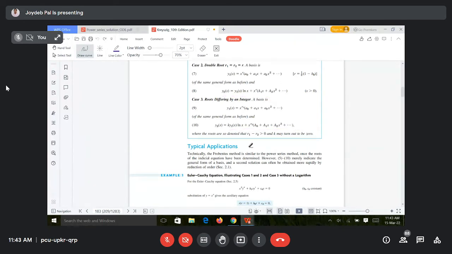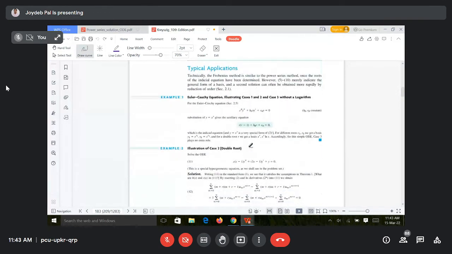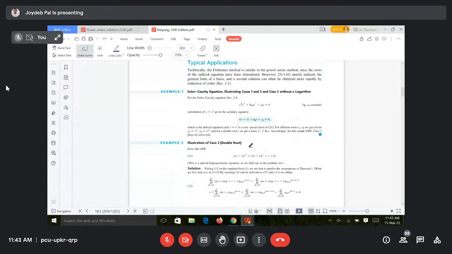Now let us solve problems. Look, Euler-Cauchy equation, all of you know, right? Euler-Cauchy equation, studied in first semester. x square y double dash plus x into px y dash plus qx y equals 0. Actually not px qx will be 1.